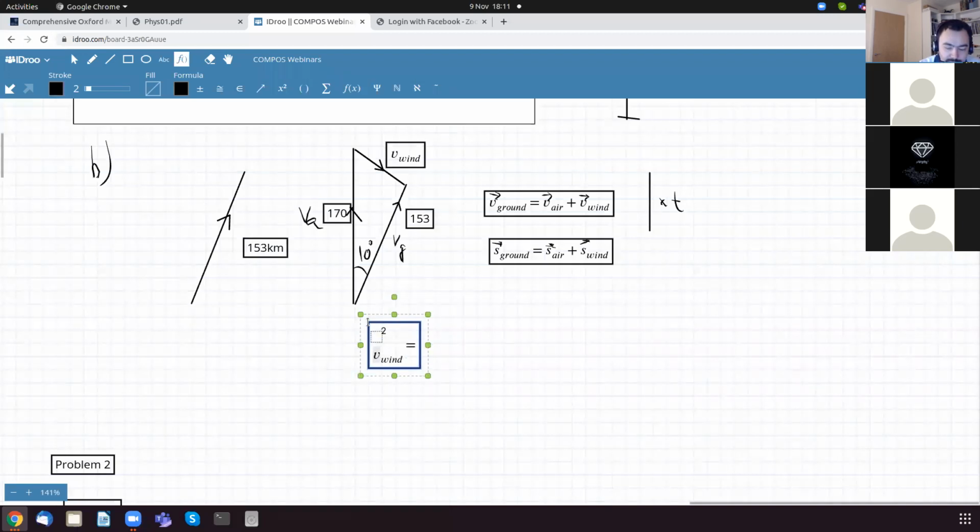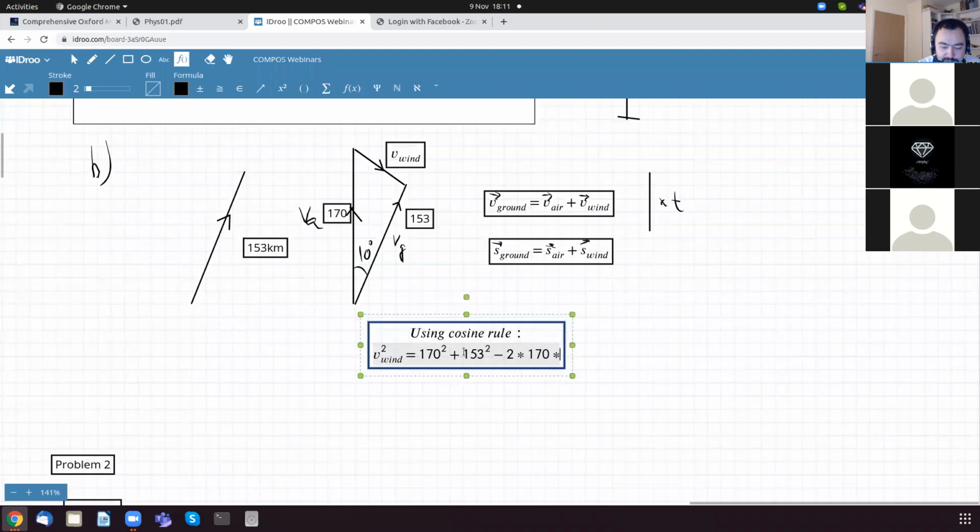Therefore, using the cosine rule, velocity of the wind squared is equal to 170 squared plus 153 squared minus 2 times 170 times 153 times cosine of 10 degrees.